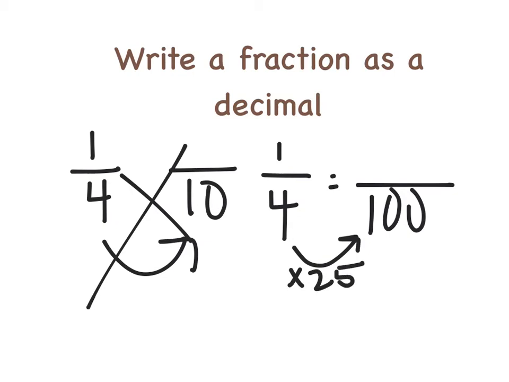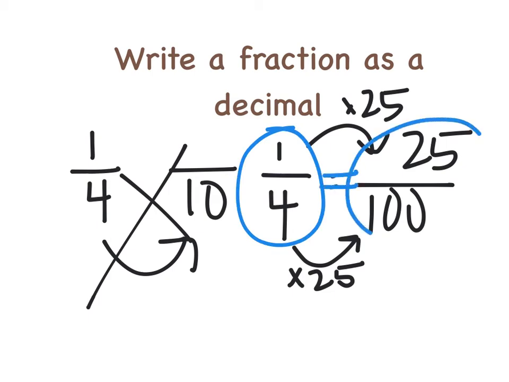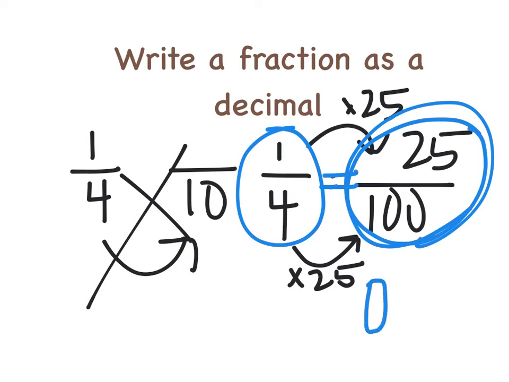Remember, as I said in the last example, whatever you do to the bottom number, you must do to the numerator. So I need to multiply that by 25 as well. That's a very important step. Don't just multiply the denominator and not the numerator. 1 times 25 is 25. So now I know that 1/4 is equal to 25 hundredths. Notice when I say this fraction out loud, 25 hundredths, I say the word hundredths, meaning that my number needs to end in the hundredth spot.